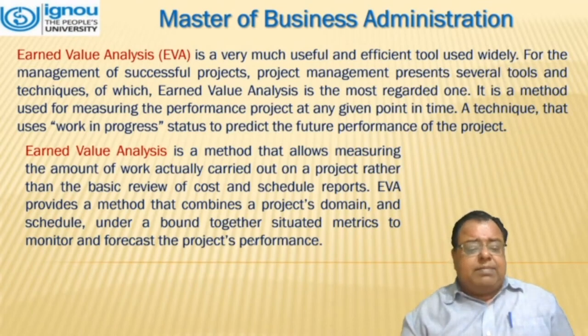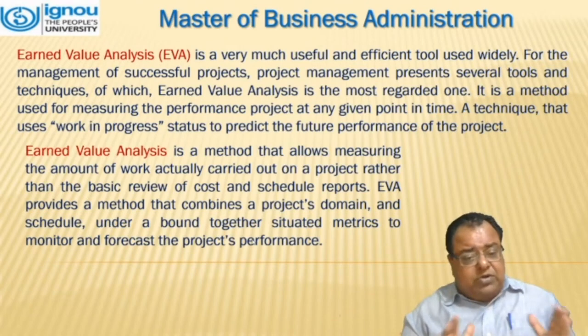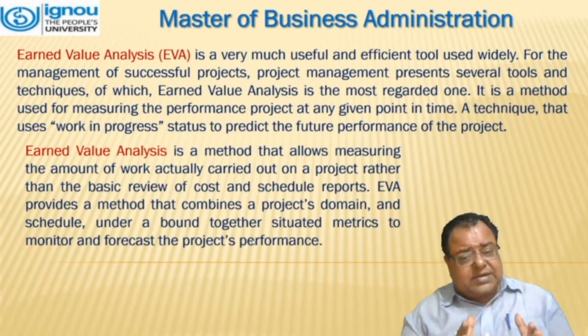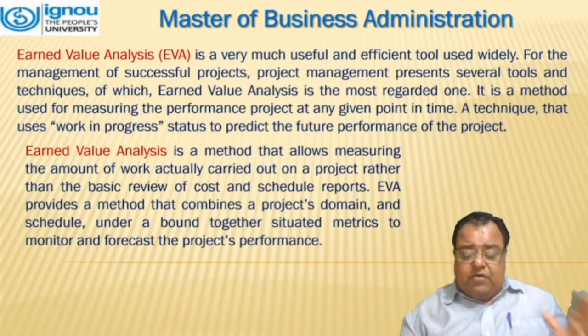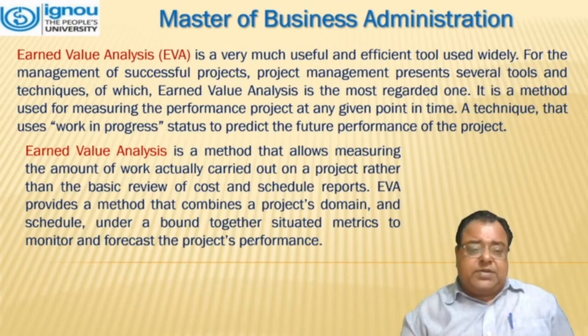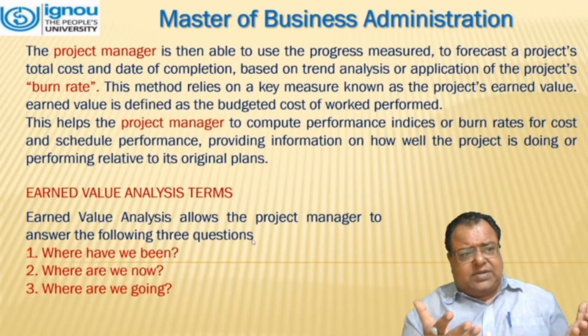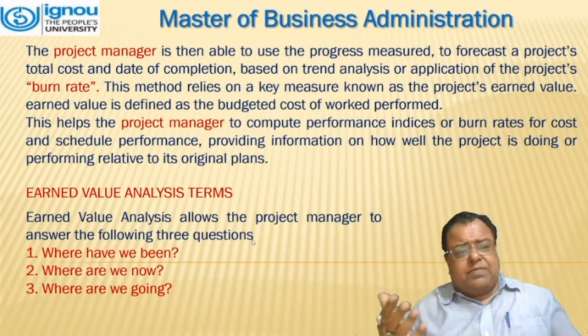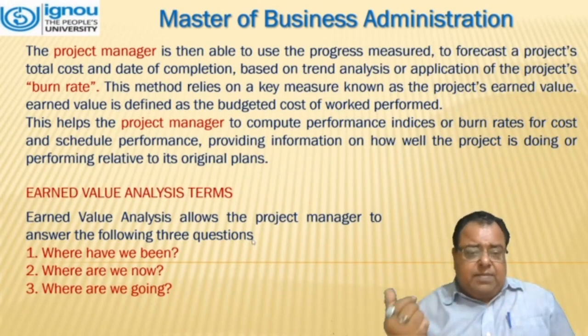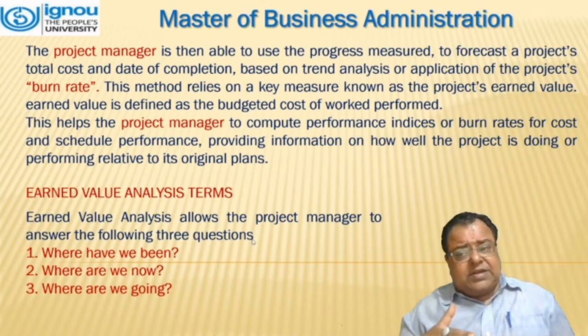EVA provides a method that combines project scope and schedule under a bound-together set of metrics to monitor and forecast the project's performance. A project manager is then able to use the progress meter to forecast a project's total cost and date of completion based on trend analysis or applications of the project's burn rate.